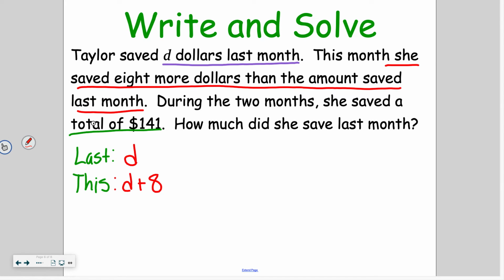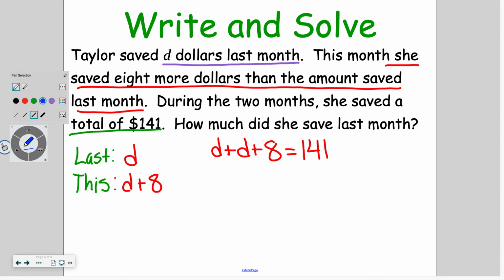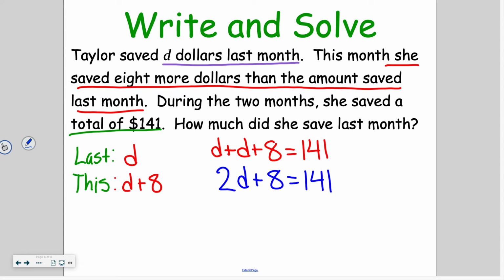Now, it says we're looking for a total. If we have total, that means I need to combine these two answers. So D plus 8, and my total is 144. I'm going to go ahead and simplify this. Since there are 2 D's, I can simplify it to say 2D plus 8 is equal to 144.